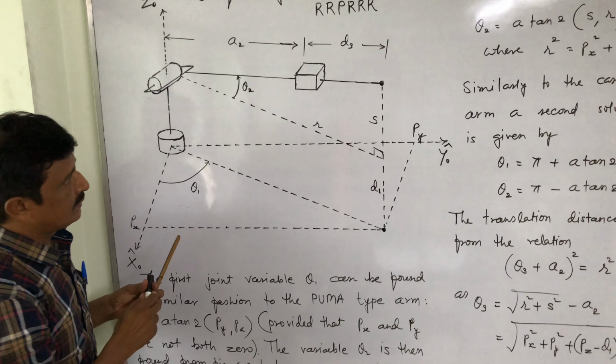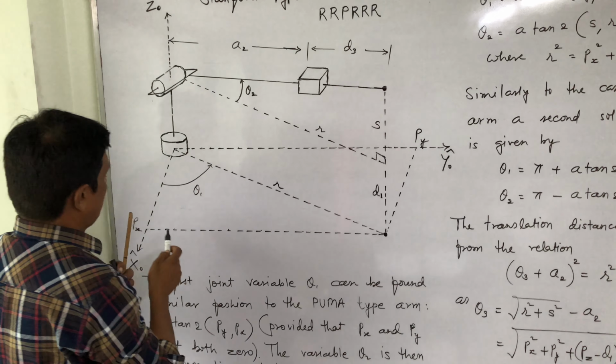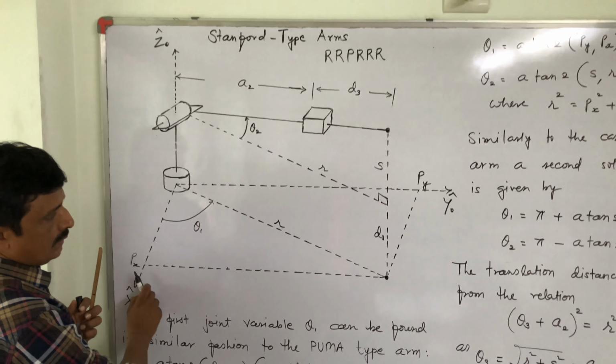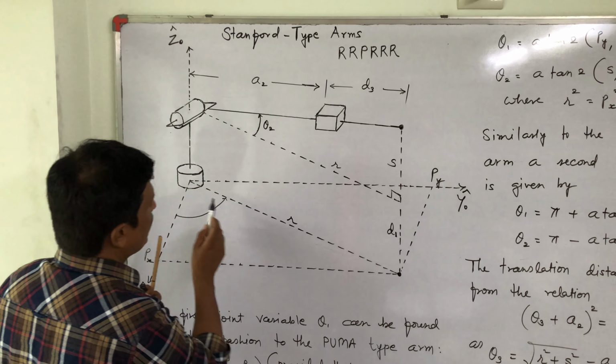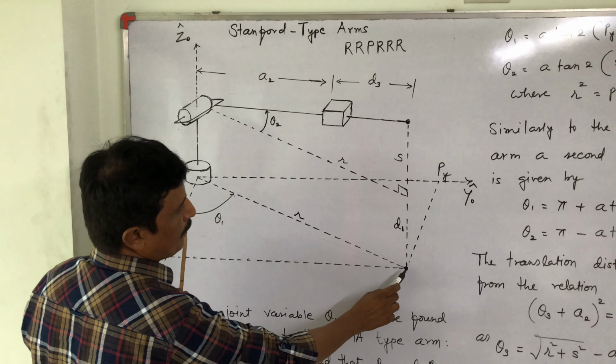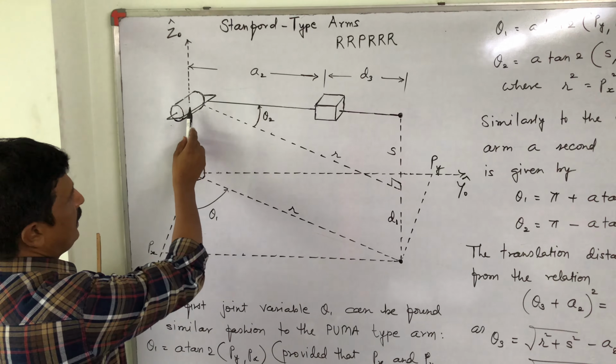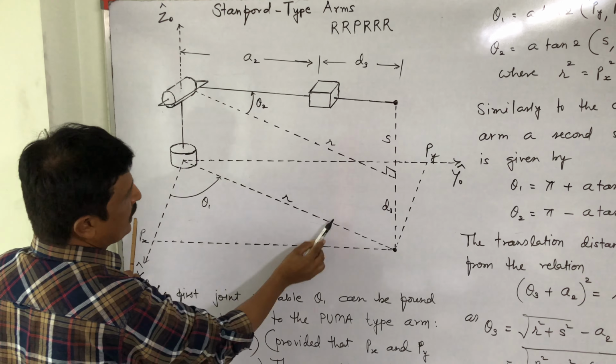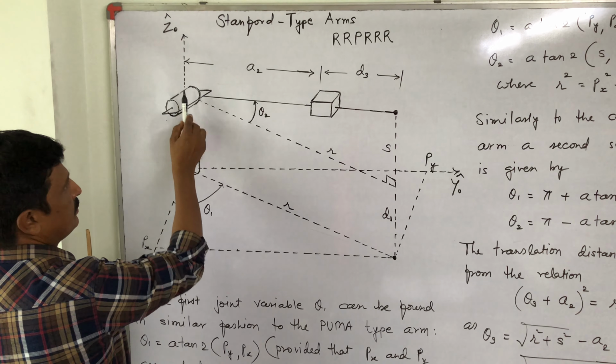This one is R. So this is px, this is py. So R is the root of px square plus py square. And this is parallel to this line, but it is at a height of this one.